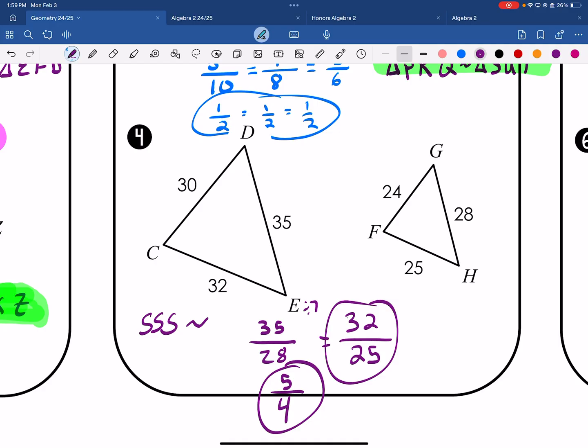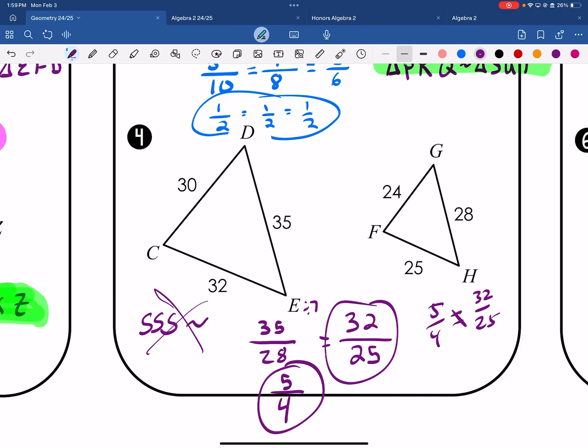Are they the same thing? No. So since 5 fourths does not equal 32 25ths, they're not similar to each other. And they're just two random triangles that are out there. Okay? And they don't look the same. They're not the same shape. They're not similar to each other.